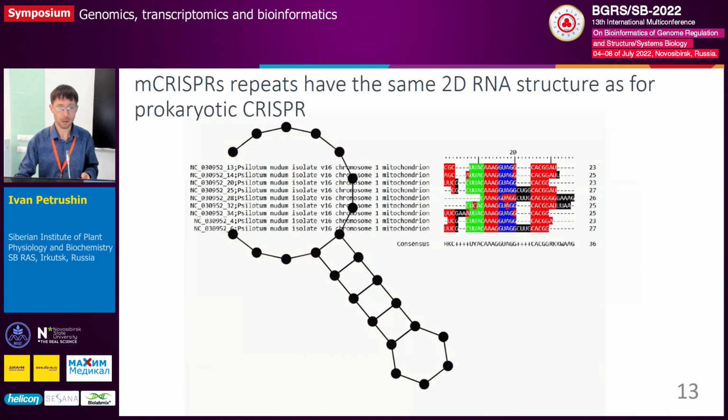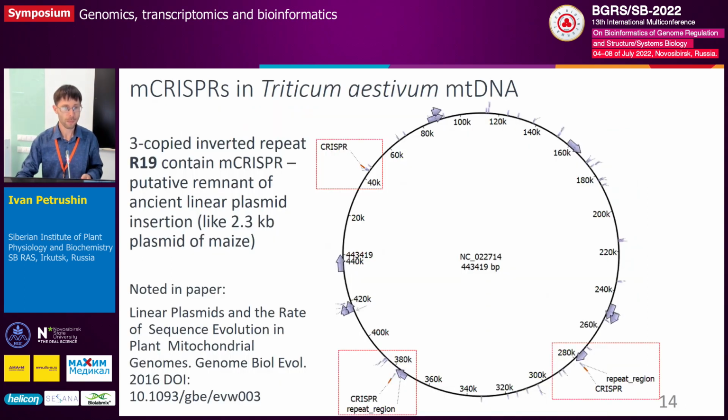The next largest cluster: three CRISPR arrays have copies in the mitochondrial genome of Triticum aestivum. Interestingly, it is contained in a repeated region, and we suppose that it's a putative remnant of an ancient linear plasmid insertion.